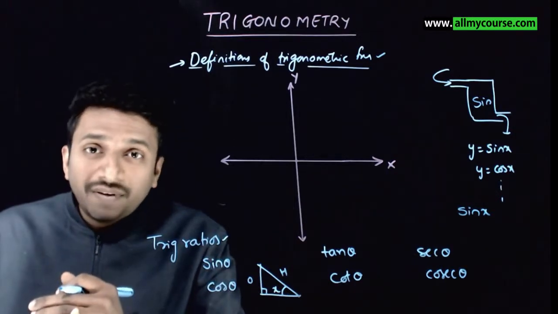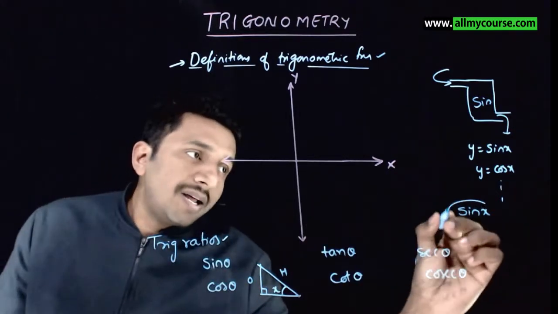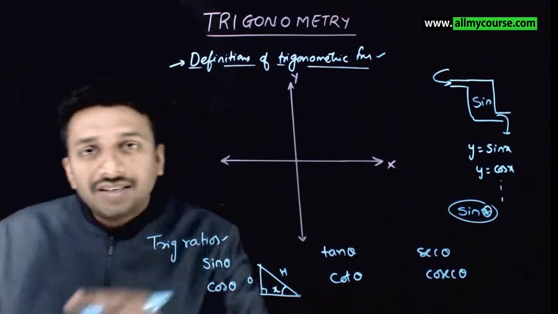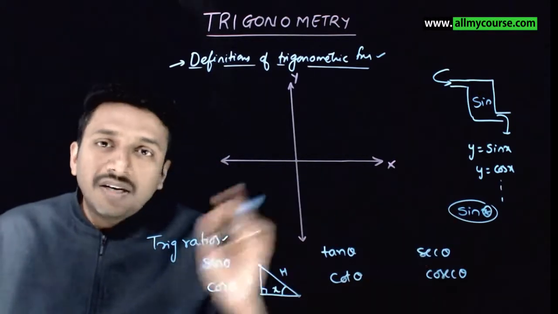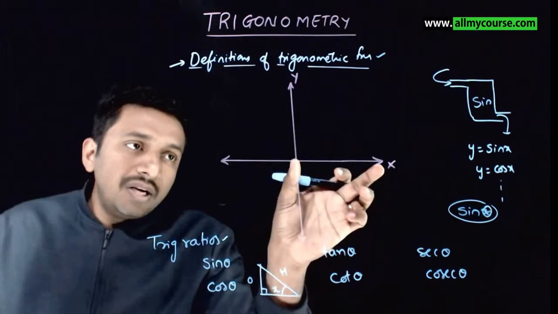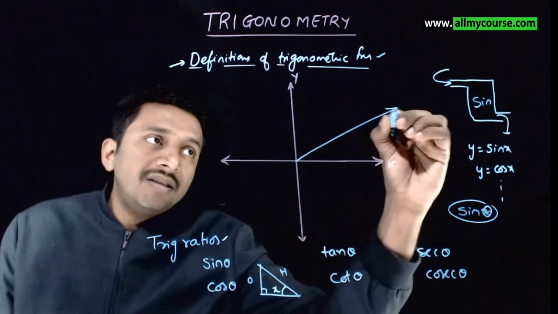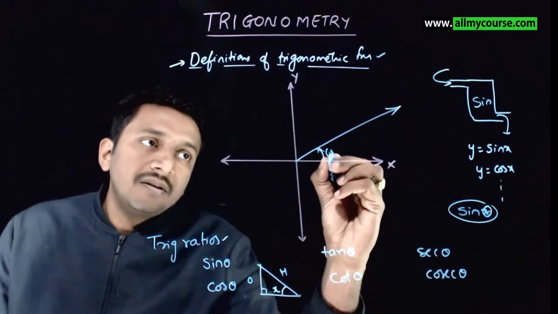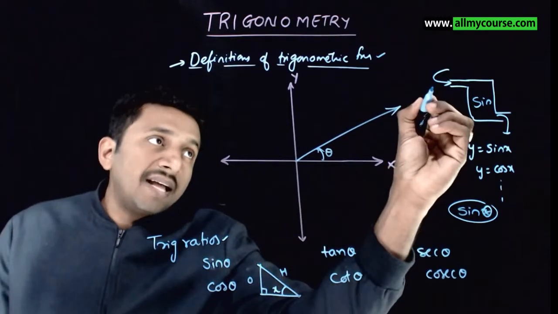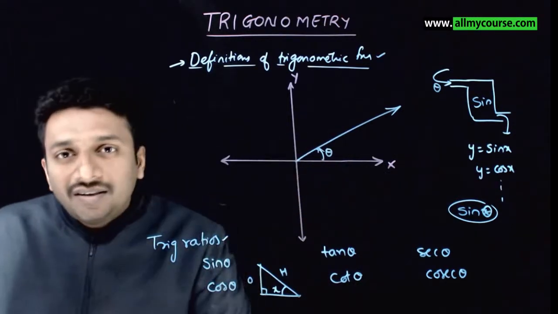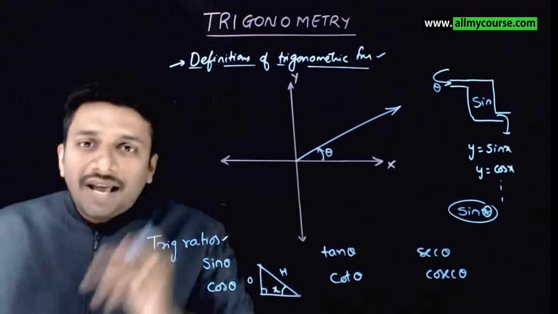So what is the definition of sin x? If you want sin theta, or sine of a certain angle, what you need to do is rotate the initial ray through an angle of theta. Whatever is the angle that is going inside this machine, you just need to rotate the initial ray through that angle.